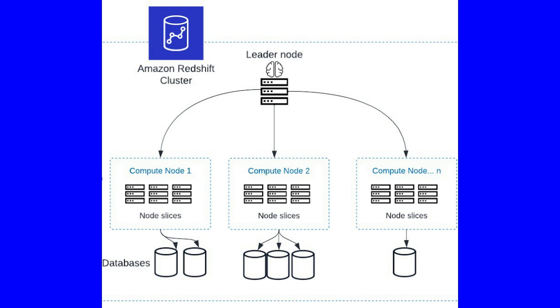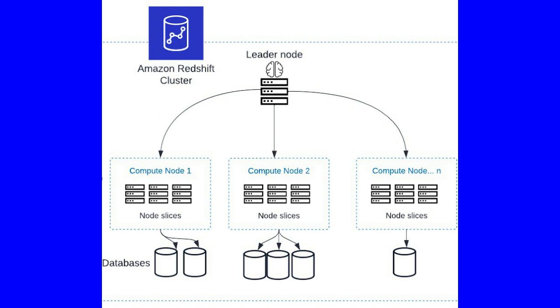Based on the execution plan, the leader node compiles code, distributes the compiled code to the compute nodes, and assigns a portion of the data to each compute node. The leader node compiles code for individual elements of execution plan and assigns the code to individual compute nodes. The compute nodes execute the compiled code and send intermediate results back to the leader for final aggregation.